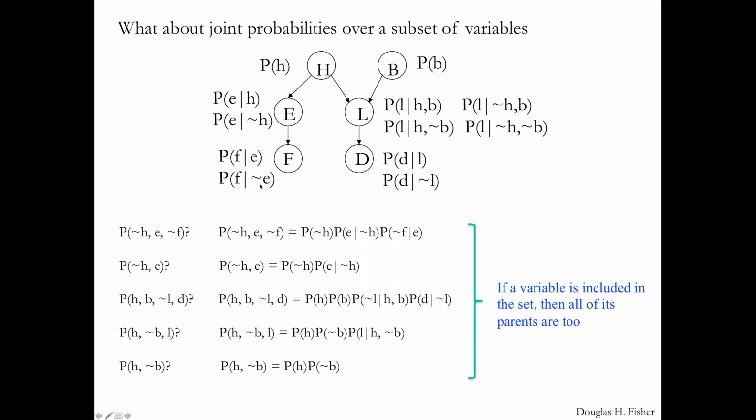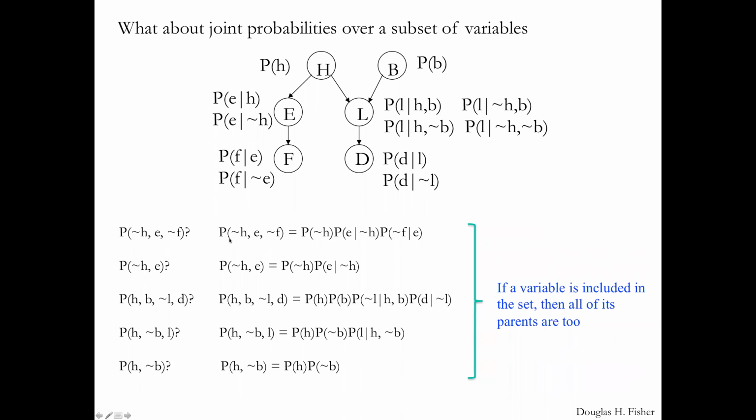So F is involved in this, so E should be involved too, and if E is involved, then H is involved, and H has no parents. So this satisfies this closure property. If a variable is involved, then all of its parents are involved.